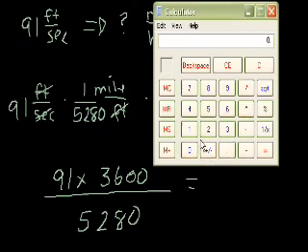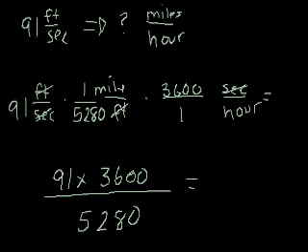I keep messing up. I think my mouse is messed up. Let me see if I can type it. 91 times 3,600 divided by 5,280. That equals 62.05 miles per hour.